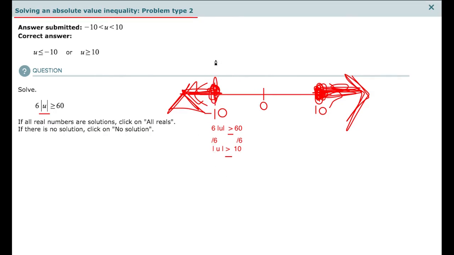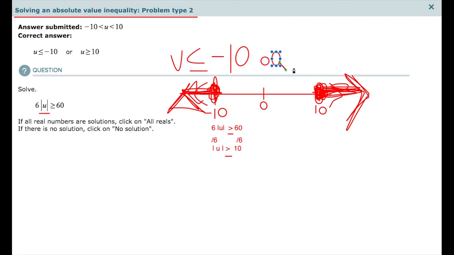So here we have two things. We have u is less than or equal to negative 10, or it could be greater than or equal to positive 10.